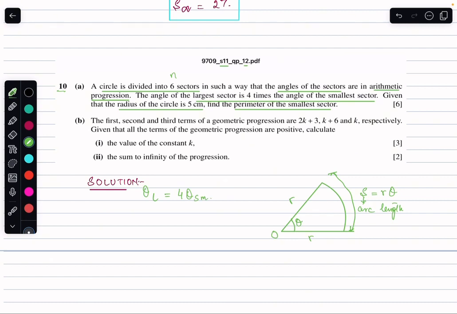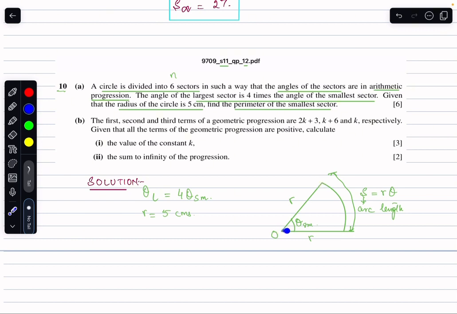And the radius equals 5 centimeters. Find the perimeter of the smallest sector. If we are supposed to find the perimeter of the smallest sector, then what I know here is that the sector of a circle is given by the diagram, which can be from the center up till the circumference.